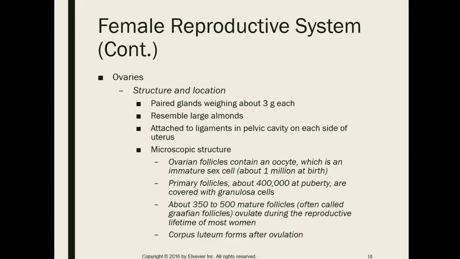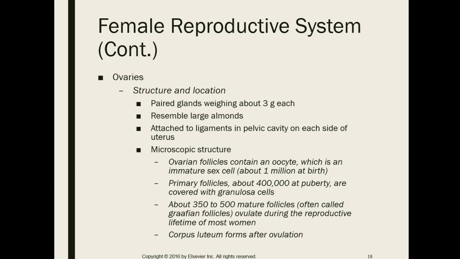Once a woman is in her reproductive lifetime, they're looking at about 350 to 500 mature follicles. So only 350 to 500 eggs is what a woman will ovulate during her reproductive lifetime. As opposed to men who continue to make sperm throughout their lifetime, women have a relatively short reproductive life.